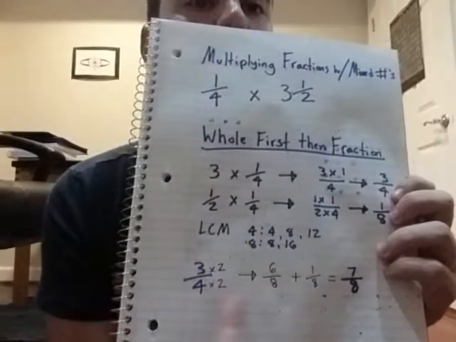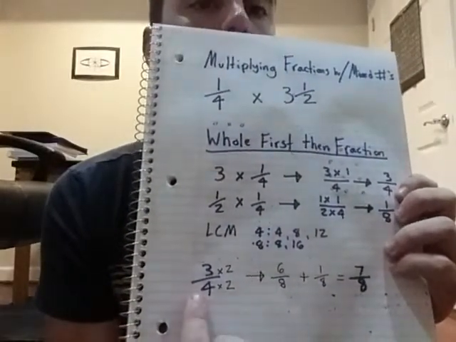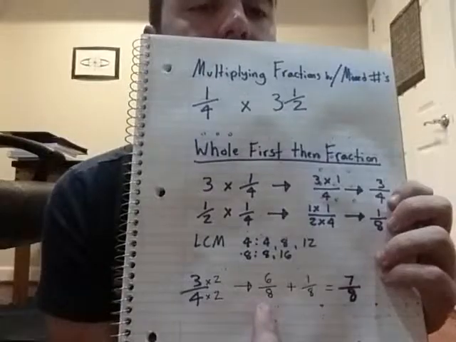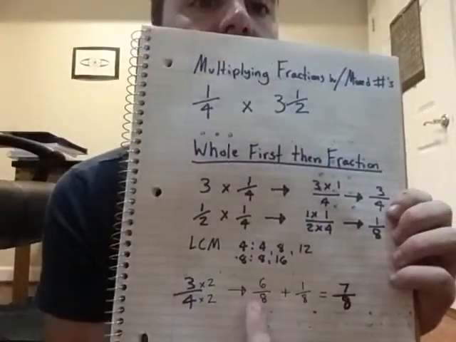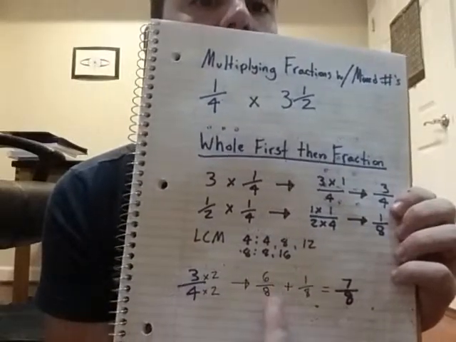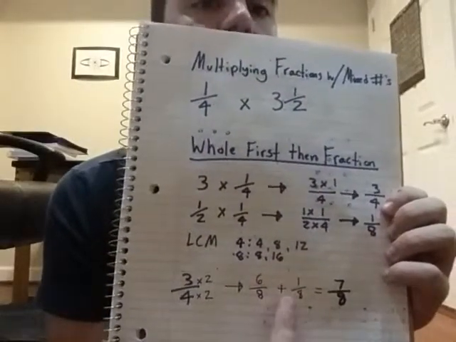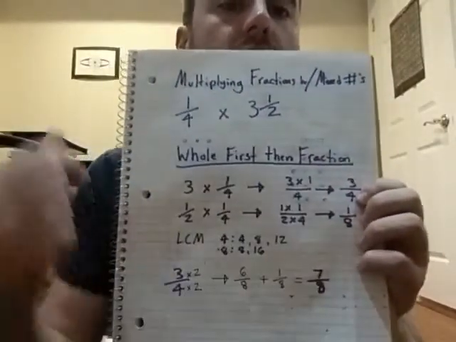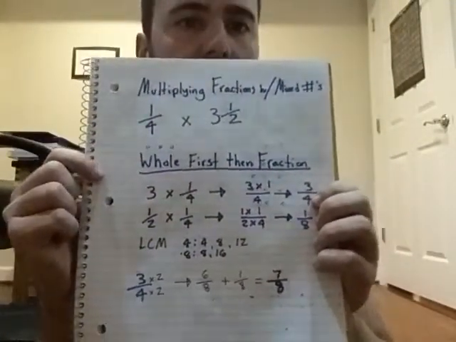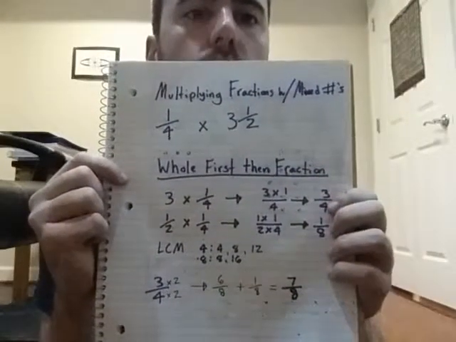Our equivalent fraction to 3/4 is 6/8. So now instead of having 3/4 plus 1/8, we have 6/8 plus 1/8. Much easier to deal with because we're dealing with 8s. Our answer is 7/8. Oh my gosh, what did you notice about that? Took forever, right? There's actually an easier way to do it.